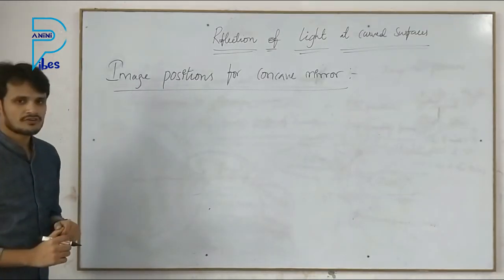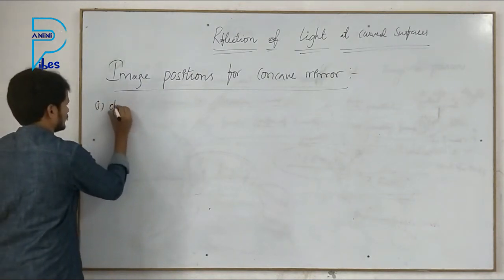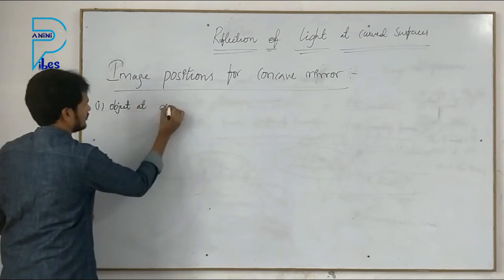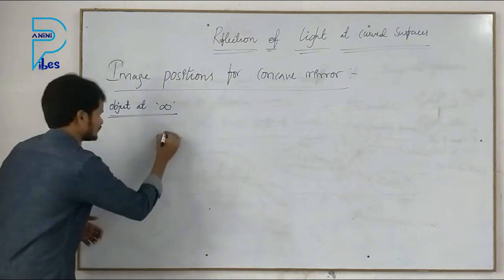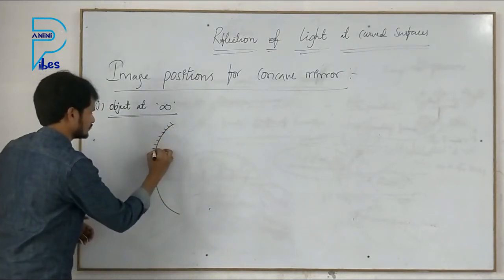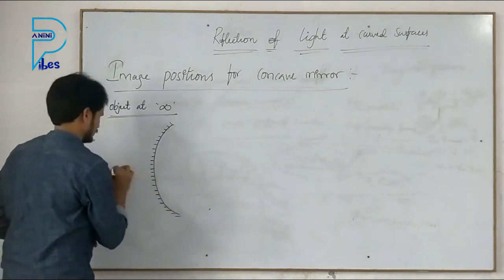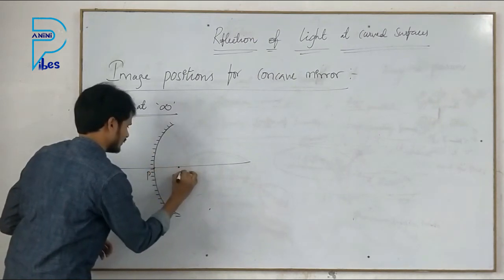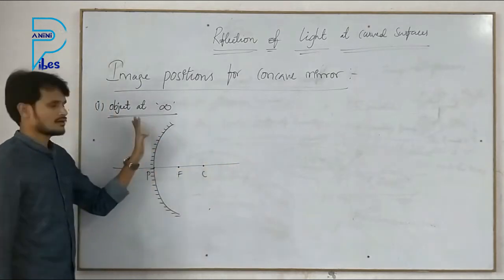The first position for a concave mirror is object at infinity. Let's draw a concave mirror with P, F and C. In this case, we don't know the object distance.